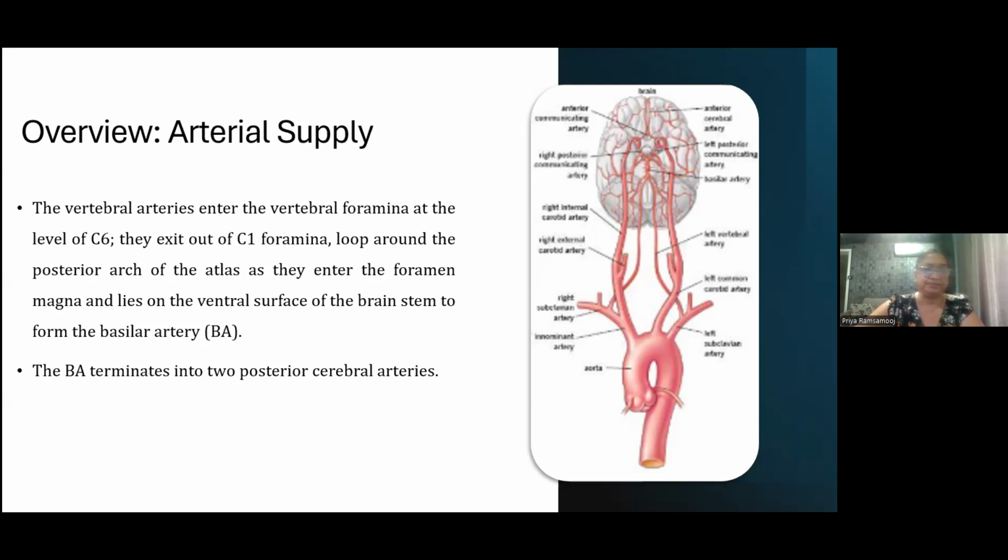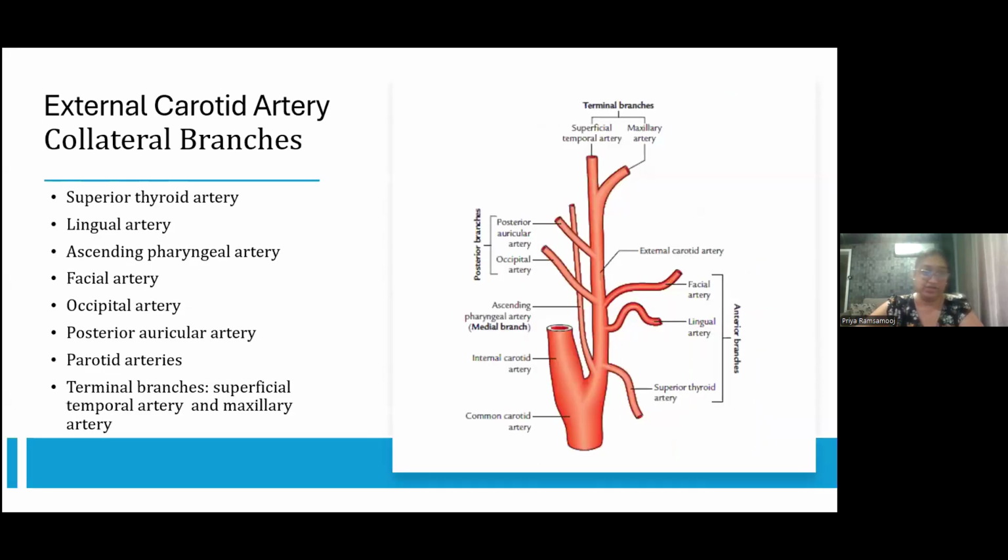We can see that here, coming back to what we were saying: your subclavian, your external carotid, and your internal carotid. And here, the vertebral arteries come up, run along, and then join to form the basilar artery. It then terminates into the posterior cerebral artery. So together, this forms what we know as the circle of Willis, the anterior and the posterior circulation.